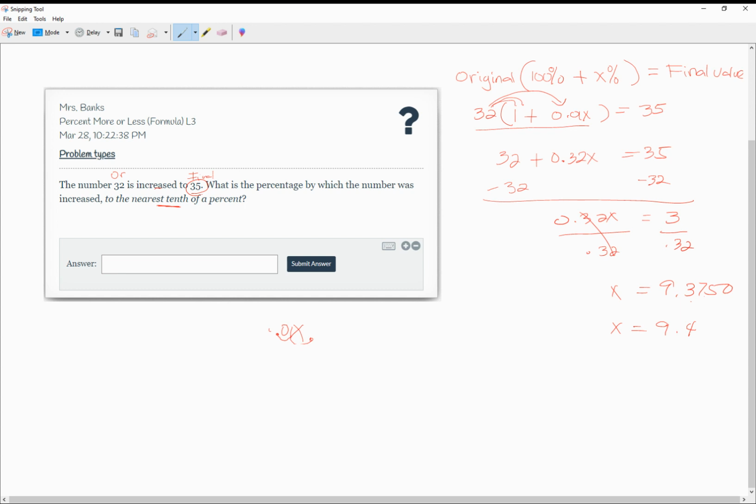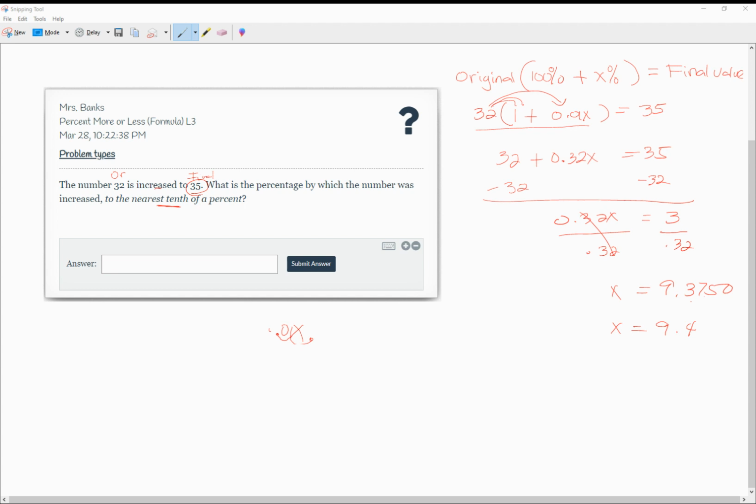All right, let me get another problem so that you have more examples of this. Another increase or decrease, I can find another one.